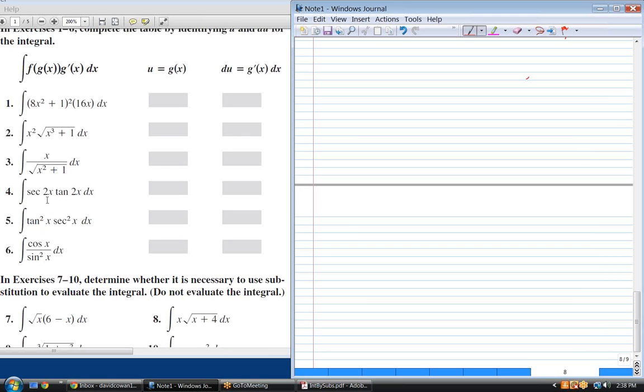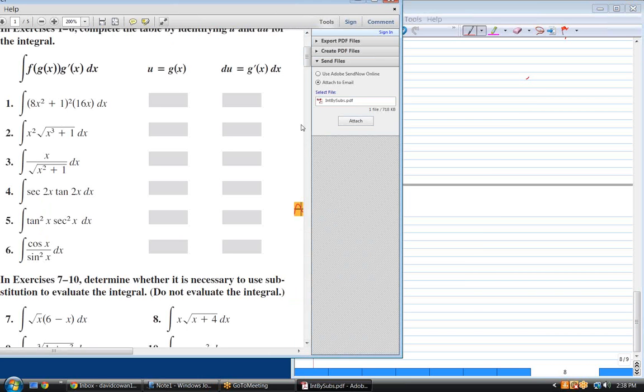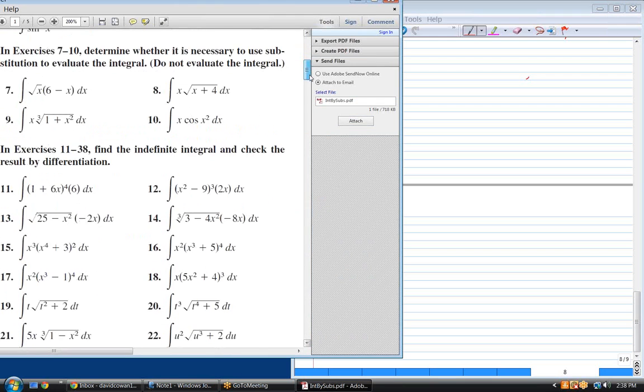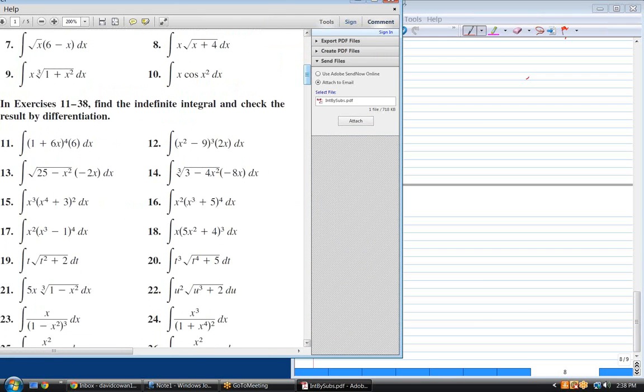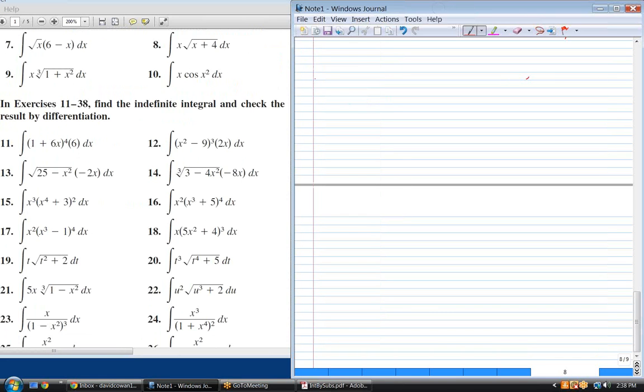These first 6 problems were all like that. Okay? The other kind of u substitution is this kind. Notice that we don't have that situation here.